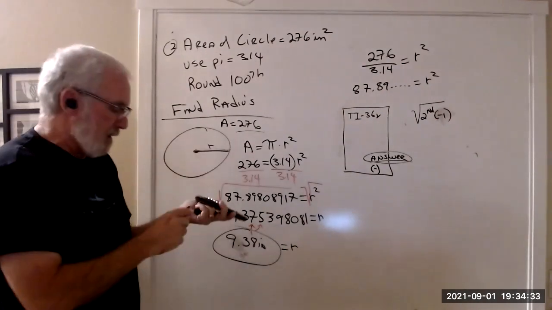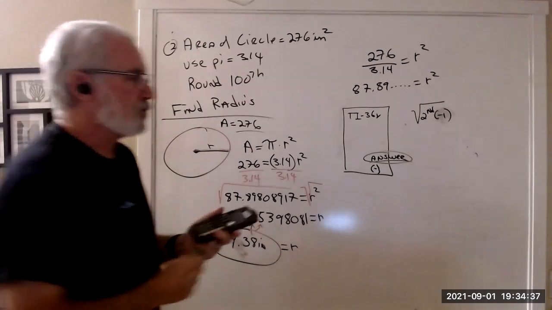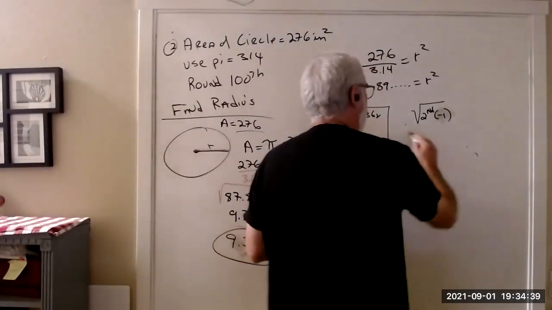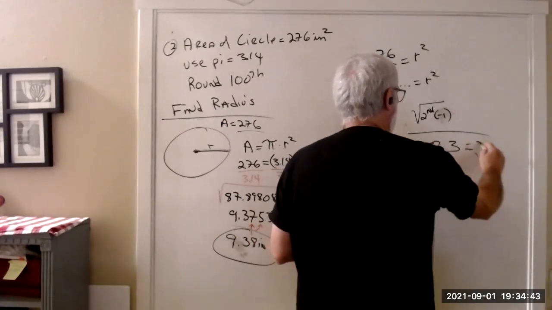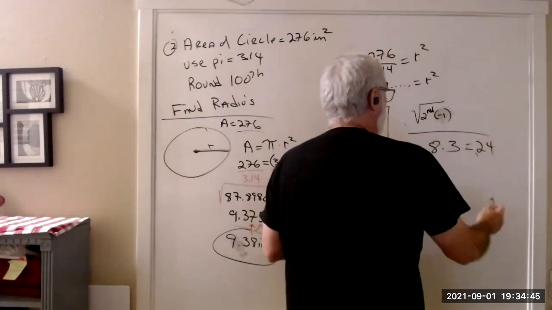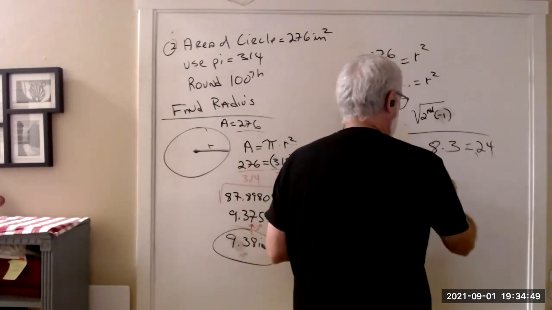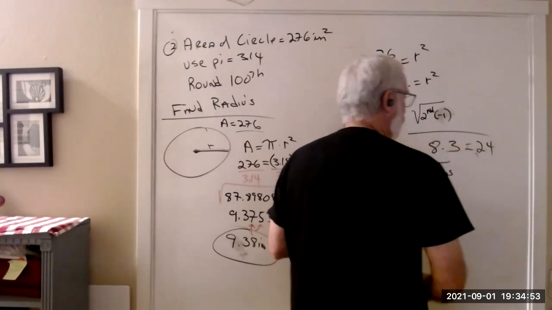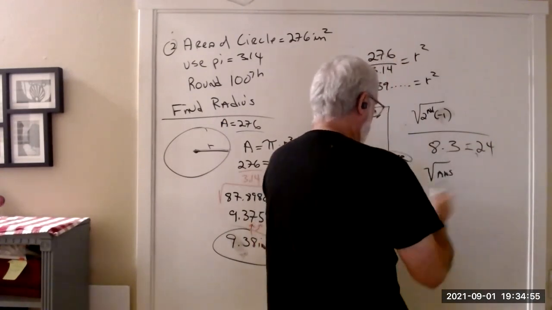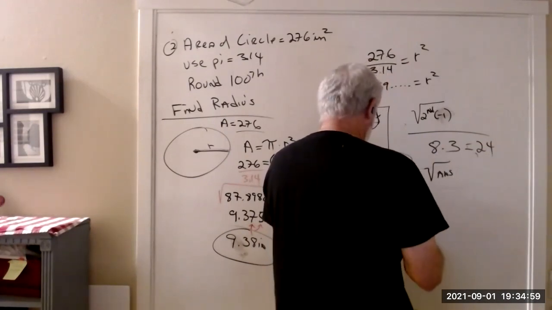Now, maybe my explanation isn't real good right now, but you could certainly try at home. What's 8 times 3? Well, that's 24. You could say that's answer. So you could say, what's the square root of 24? Answer. And test it out. The square root of 24 is something like 4.9.